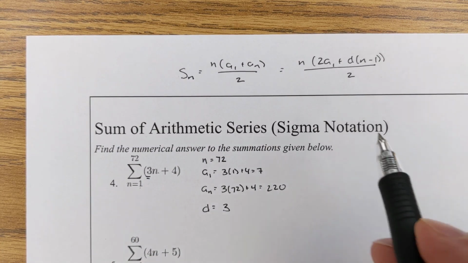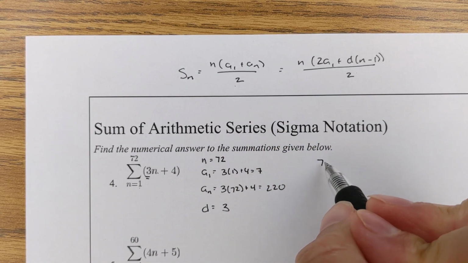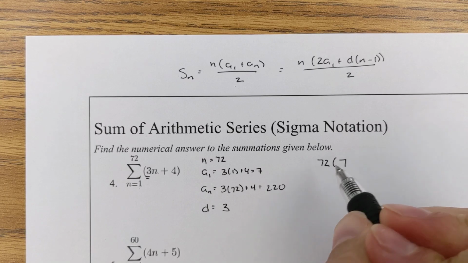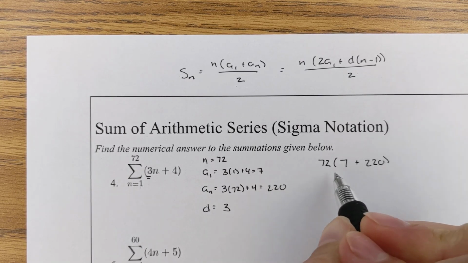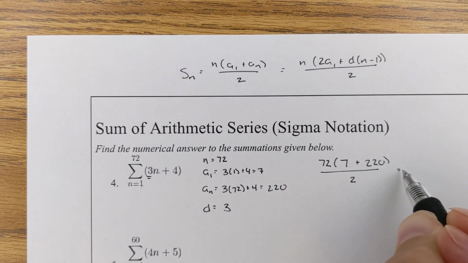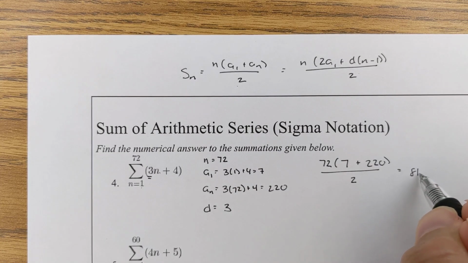Now, either way we work this, whether we use this equation or this one, we should get the same answer. So if we do the one on the left, we get 72 times a1, which is 7, plus an, which is 220, divided by 2. So that's going to give me 72, 7 plus 220, all over 2, 8172.